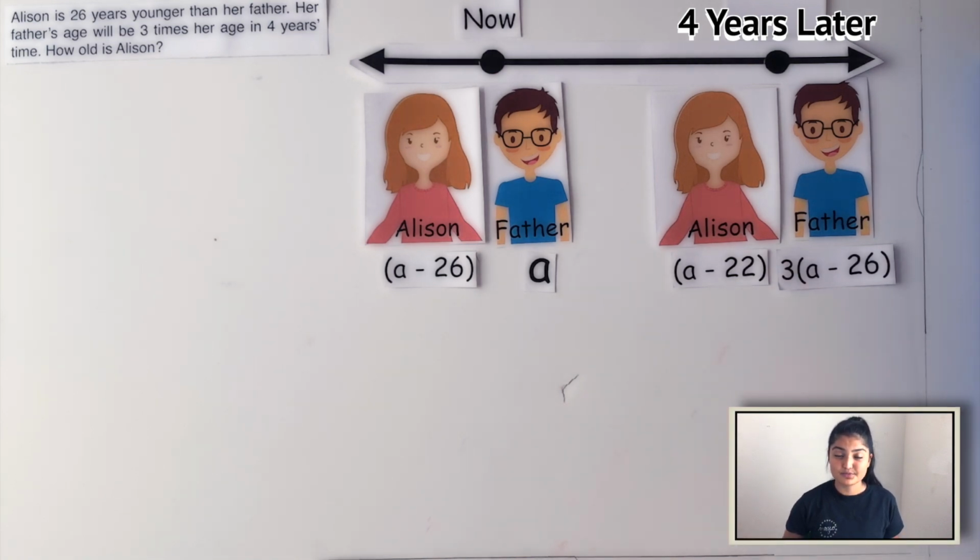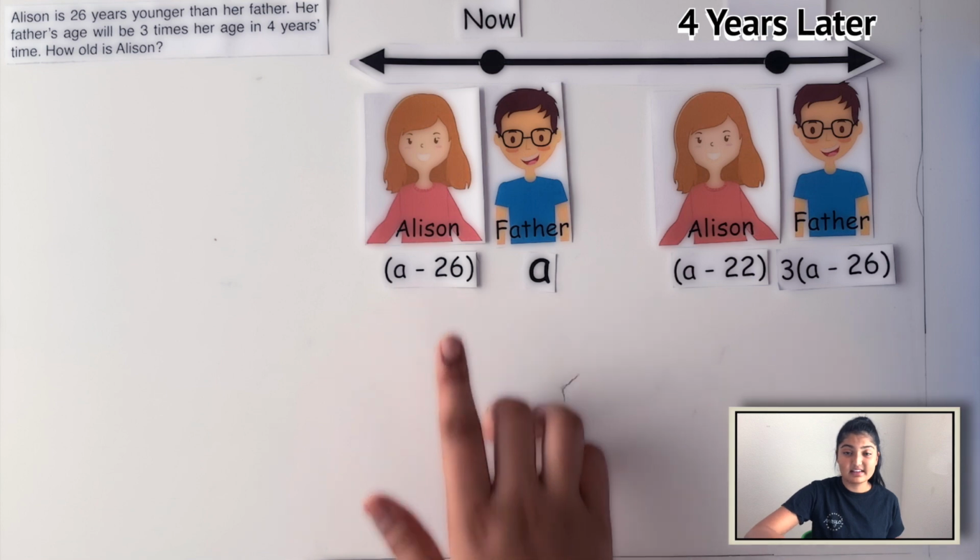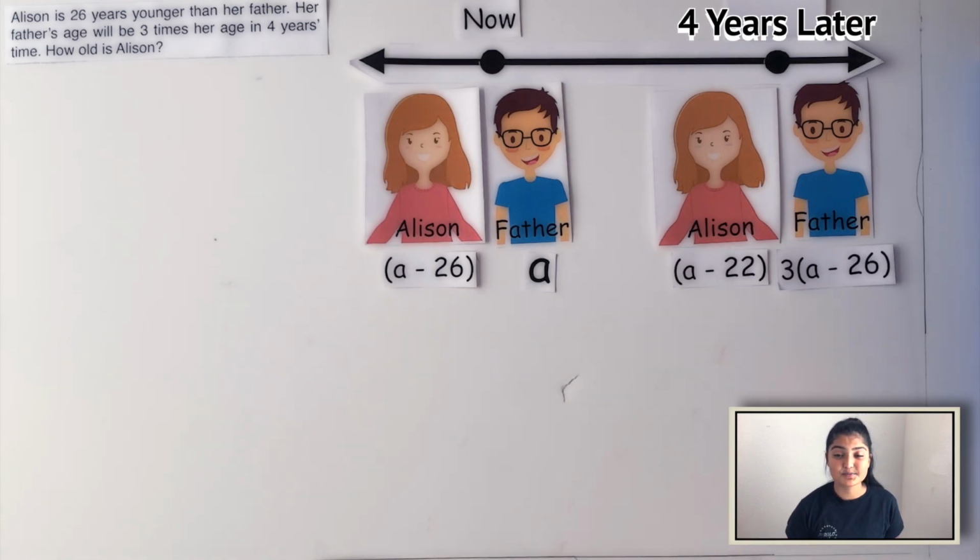But remember, we want to find how old Alison is now. And in order to do that, we need to find the value of A. So we need to set up a one-variable equation. But how can we do that?